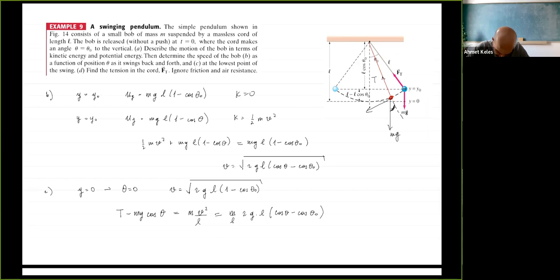And tension is, okay, T is equal to, maybe I can cancel these L's, L and L. And T is equal to mg, I have cosine theta times 2, plus 1 more cosine theta is equal to 3 cosine theta. 3 cosine theta. And I have minus 2 cosine theta naught. And that's my answer, right? Hopefully I didn't mess up. Any objections?